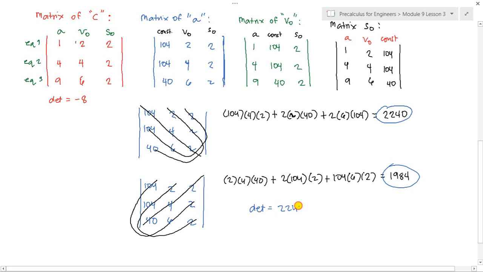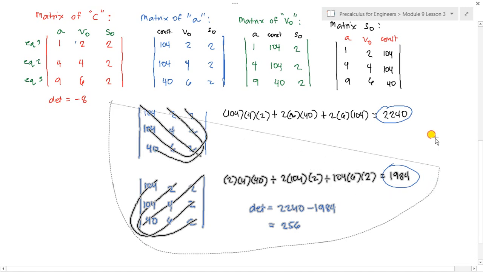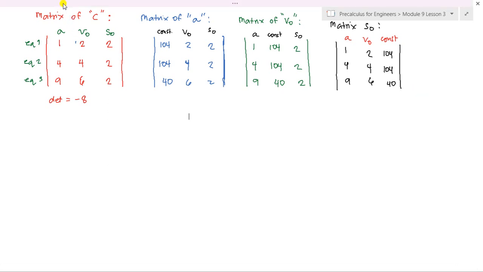So how much? 256. Oh, correct, 256. So we now have the determinant for the matrix of acceleration, which is equal to 256.